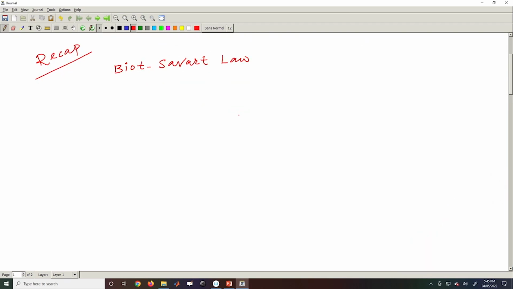In the Biot-Savart law, it says that if I have a wire having some length, say dl prime, and the amount of current that is passing through this wire is I, it should produce some kind of magnetic field at some distance, say at this point. The magnetic field should be a function of r.